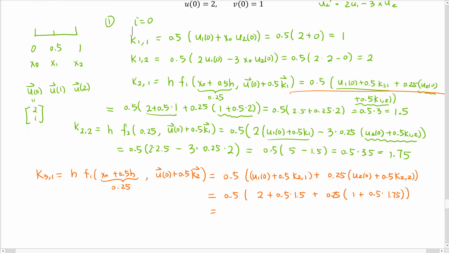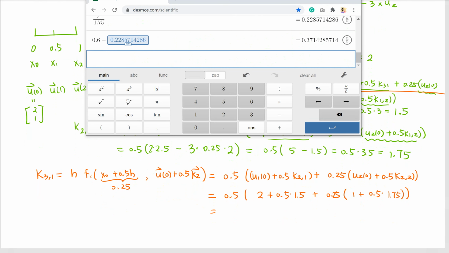Okay, so what is this number? Okay, this guy, I need the calculator. So 0.5 times 2 plus 0.5 times 1.5. Actually, that's 0.75. Plus 0.25.